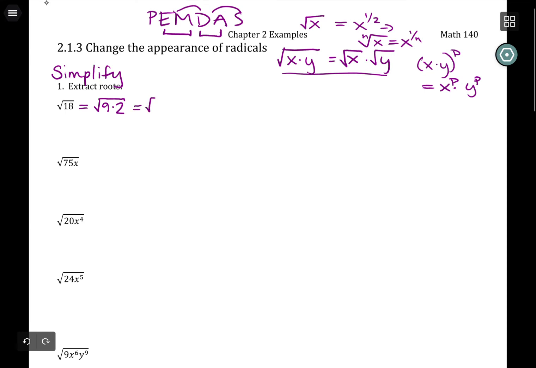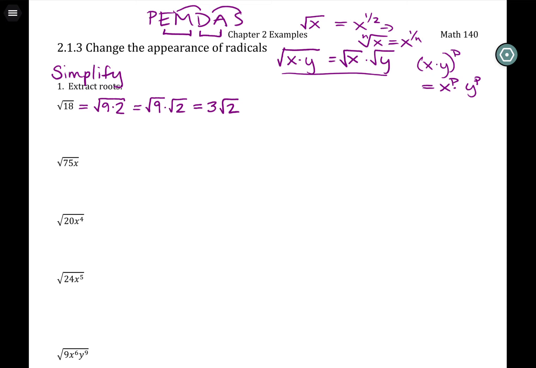So I can split this up into root 9 times root 2, which is the same thing as 3 times the square root of 2. So that product property of radicals, I don't care if you remember to call it that, I'm not even positive that would be an official name, but that's what it is, our biggest tool throughout this section.